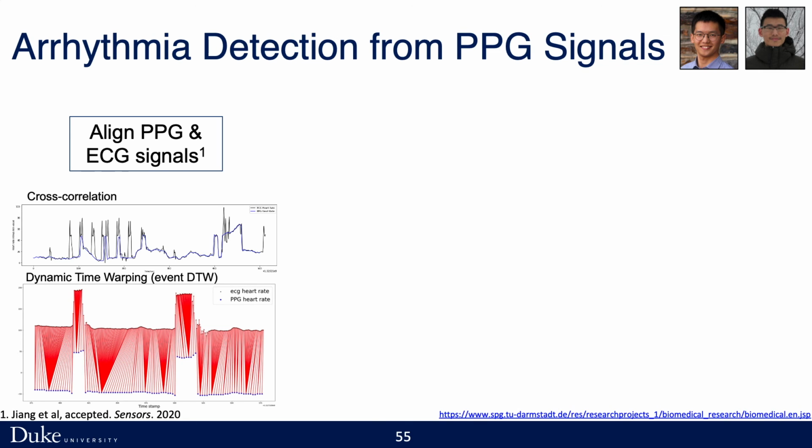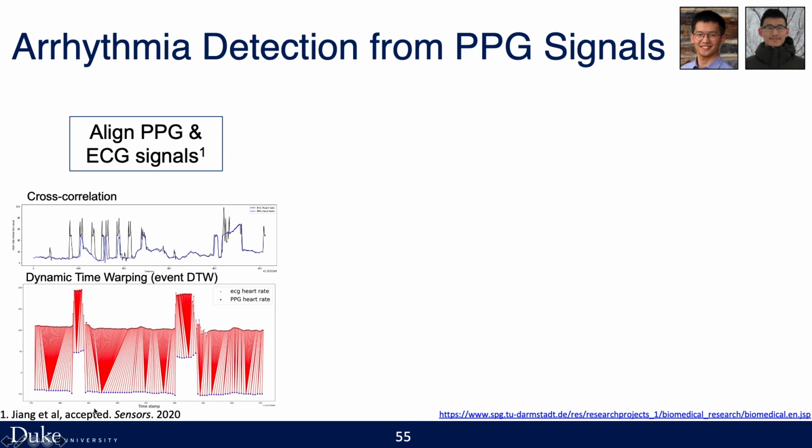A good example of that, if we take a look at this signal here, looking at the black ECG and the blue PPG, is that we can see that there's some alignment here, and you lose the alignment between the ECG and PPG in certain places, but then the alignment sort of comes back.